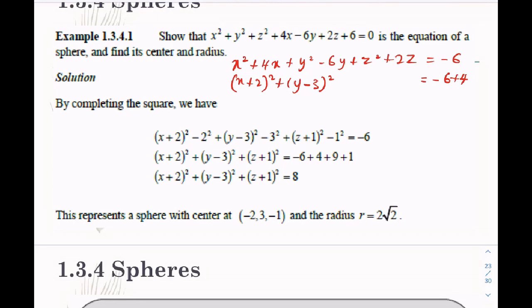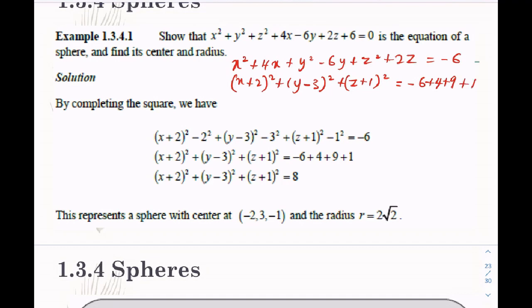So to balance back, we put plus 9 over here. Alright, so then the last one is (z plus 1) squared. Okay, then we balance back by putting plus 1.